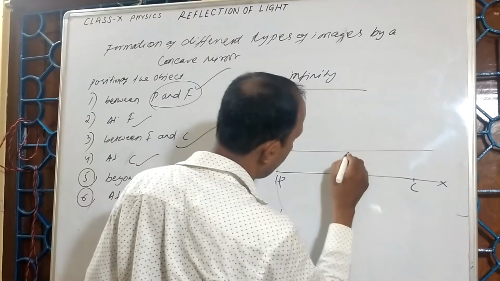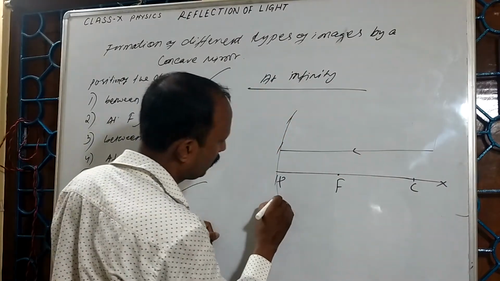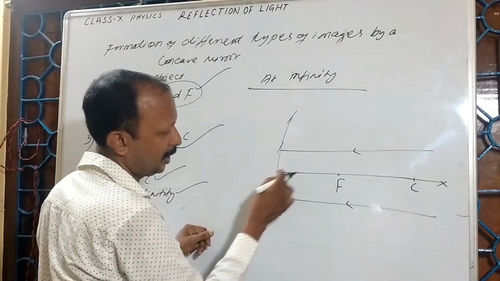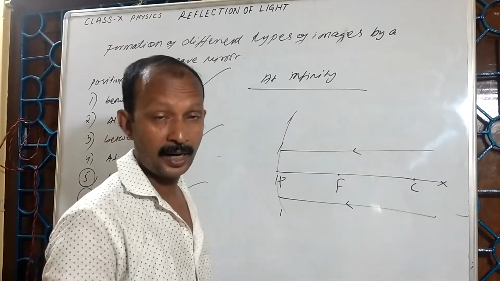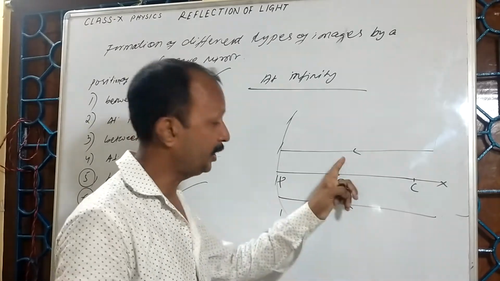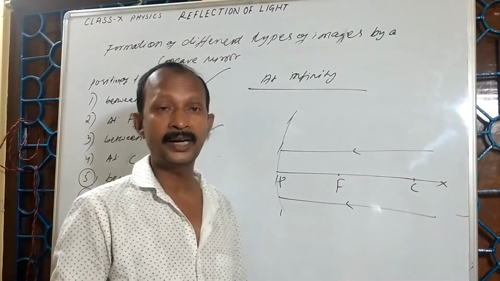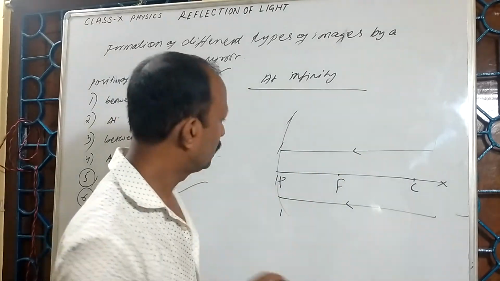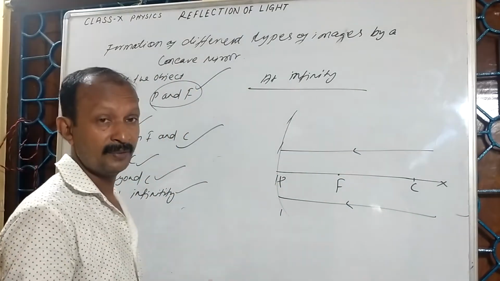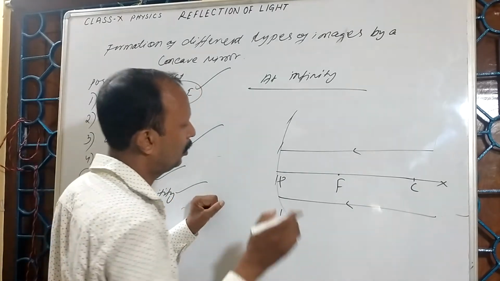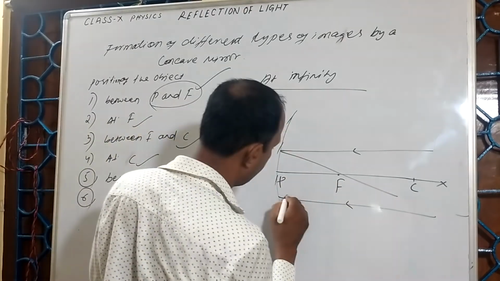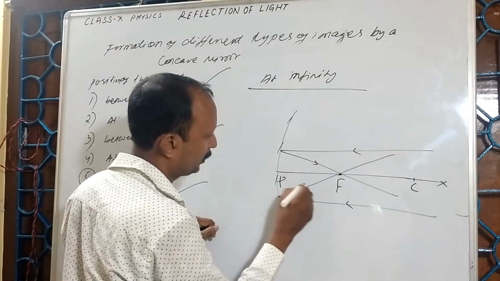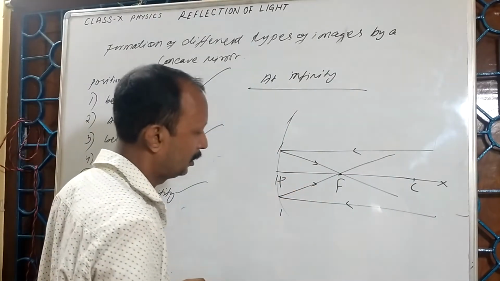Suppose the light rays come like this. So these rays are parallel to the principal axis. They are coming from infinity. I have taken them parallel. Those light rays coming from the sun, we consider they are parallel because they are also coming from far away. So these rays will meet at this focus.